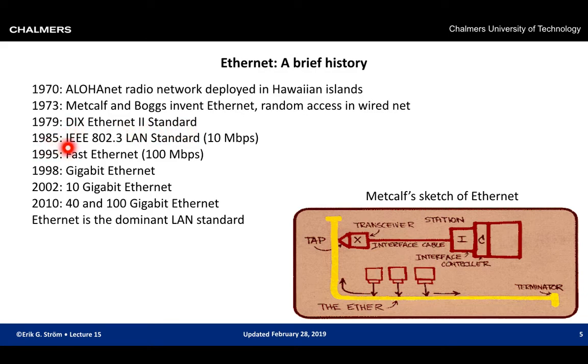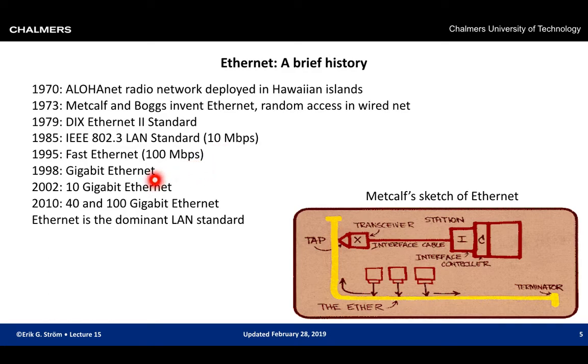And in 1985, the companies that were behind this Ethernet standard handed over the standardization responsibility to the IEEE, who then did the first Ethernet standard in the IEEE family, and that's called 802.3. It was a 10 megabits per second standard. And then in '95, there's a 100 megabit standard.